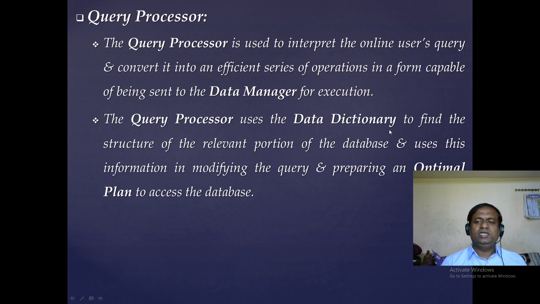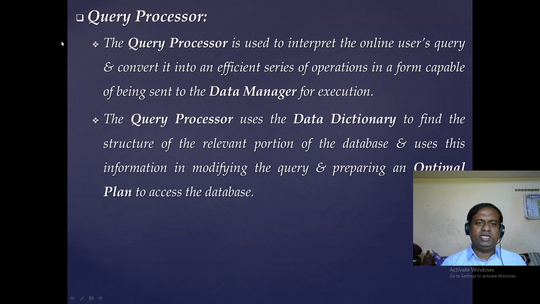Query processor uses data dictionary to find the structure of the relevant portion of the database and uses this information in modifying the query and preparing an optimal plan to access the database. This second point is a bit complicated to understand at this moment. We will cover this part in the coming lectures.